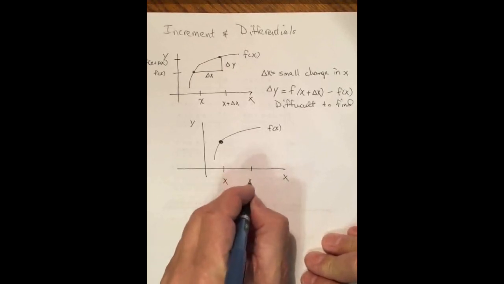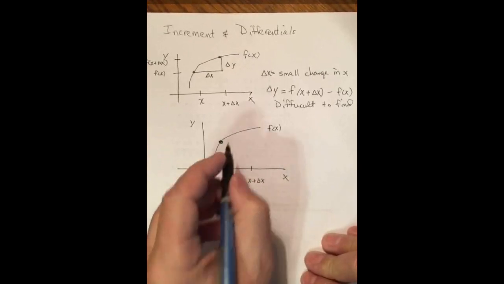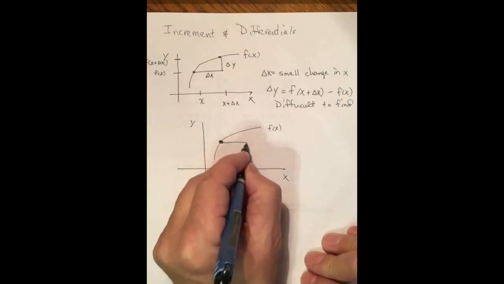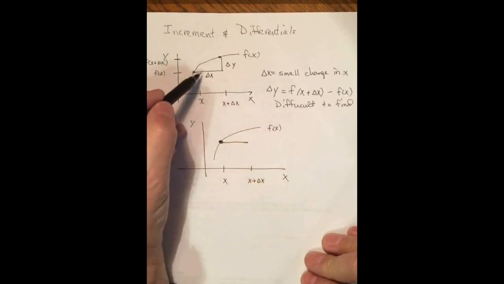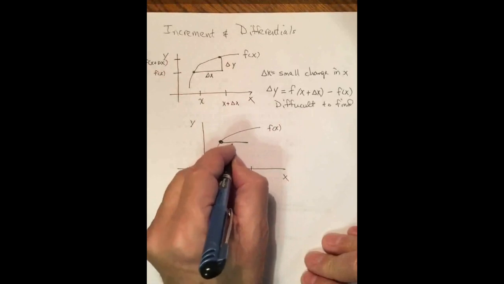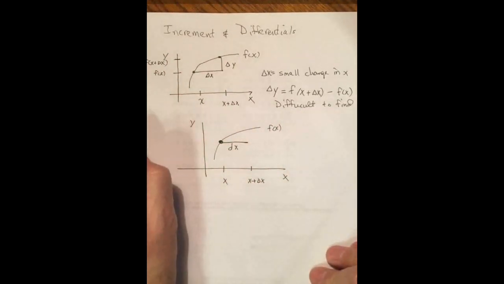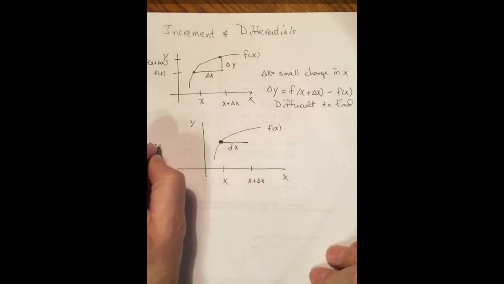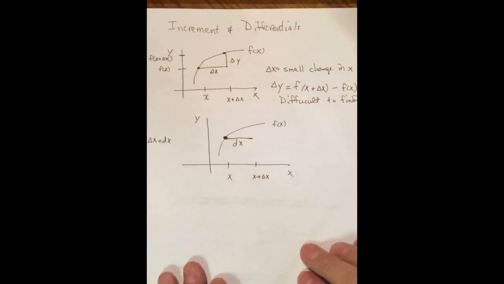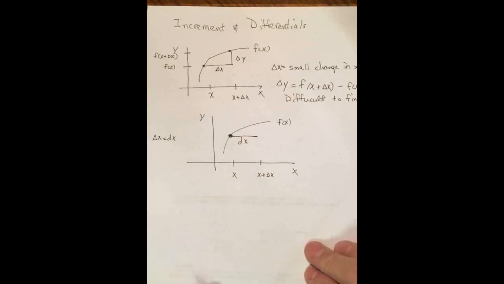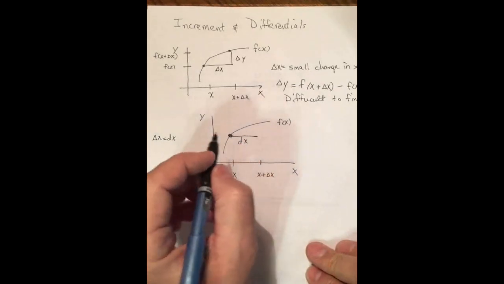And we want to move over by an amount delta x. Okay, now in this case it's the same distance as in the first picture. But we're now going to call that distance the differential dx. So delta x is defined to be exactly that same distance, which is dx. But this time we're going to call it a differential in this picture.